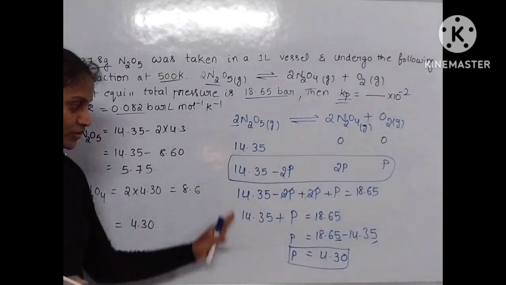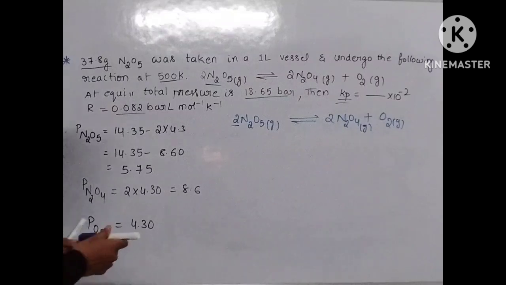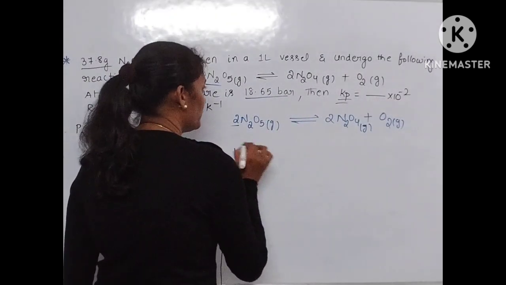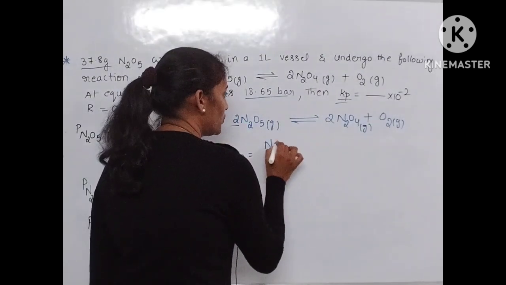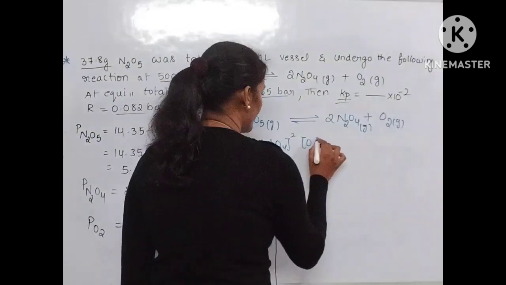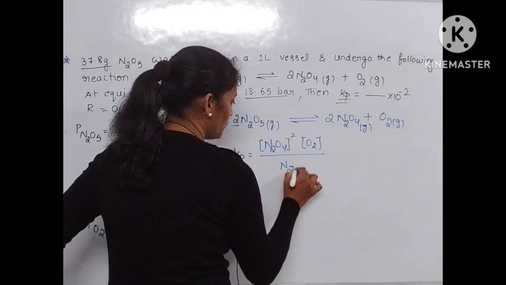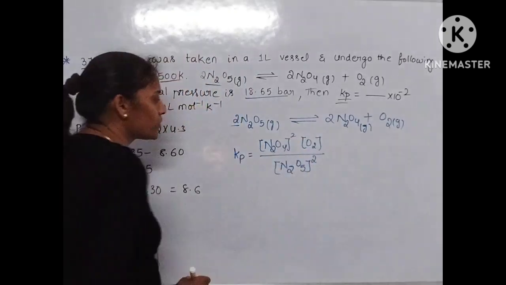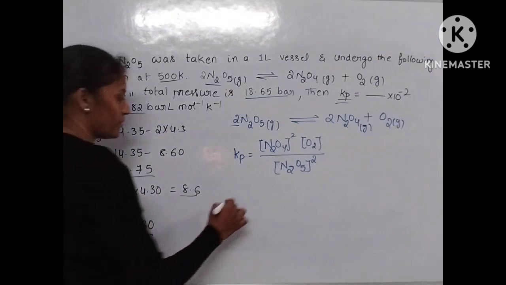So you can take Kp equal to the products' concentration, N2O4 power 2 times O2 concentration, upon N2O5 concentration power 2. Then you can substitute all these values in this equation.